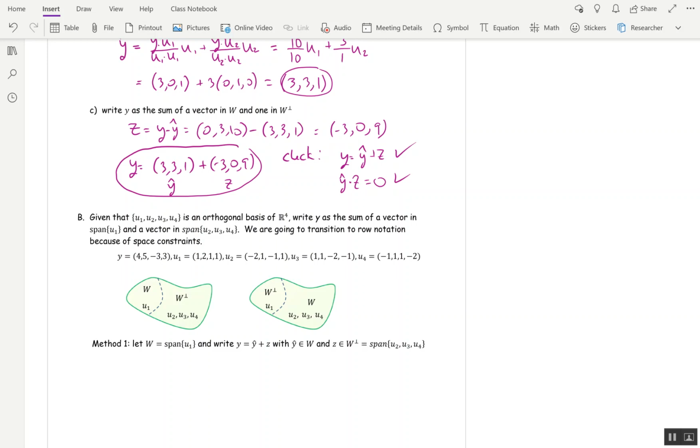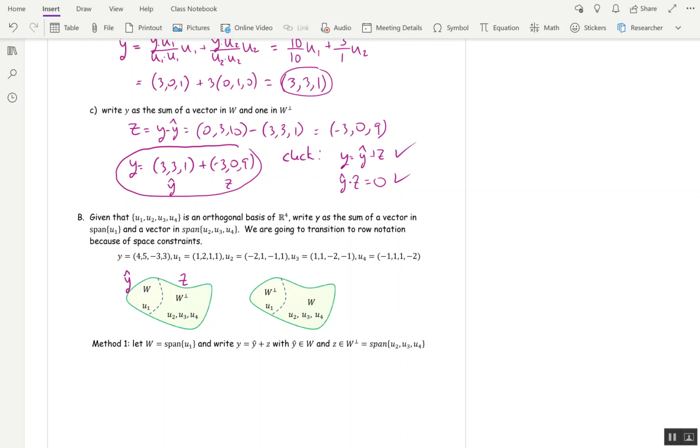Okay, so there are 2 ways to do this. A smart way and a not such a smart way. The smart way would be to let Y hat live in W. So Y hat will be the projection of Y onto U1. And then over here, Z will be what's left. Z will be in W perp.